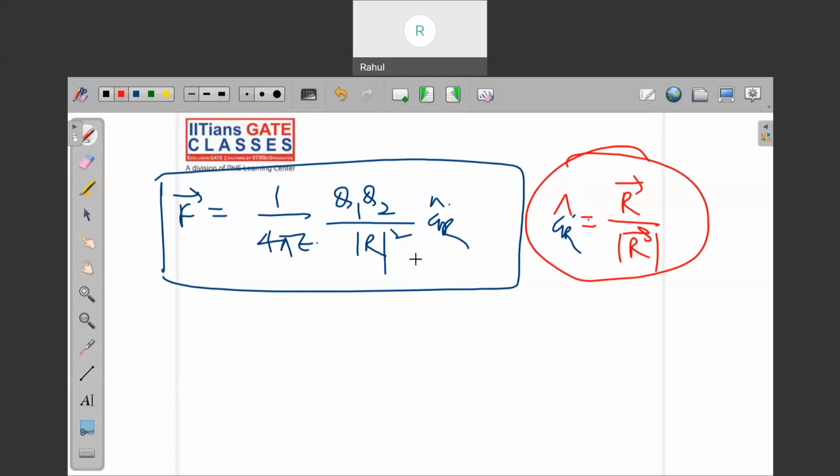Okay, so this can be written further as the force F equal to 1 upon 4 pi epsilon naught, or sometimes epsilon only.